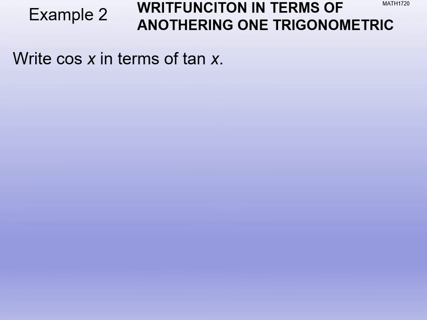All right. So this is where it gets a little bit more challenging, rewriting all the trig functions in terms of each other. So example 2, we're going to write cosine of x in terms of tangent of x. So have your trig identities out, and we have to find the right identity that's going to help us do this. So we have to rewrite cosine first, okay, and then we want it to end up in terms of tangent of x.